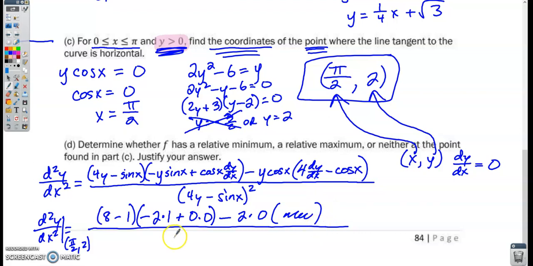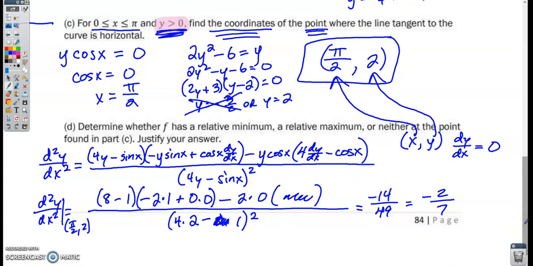Okay, all over 4 times y, which is 2, minus the sine of pi over 2, which is 1, all of that quantity squared. And when we simplify this, we end up with negative 14 over 49, which reduces to negative 2/7.